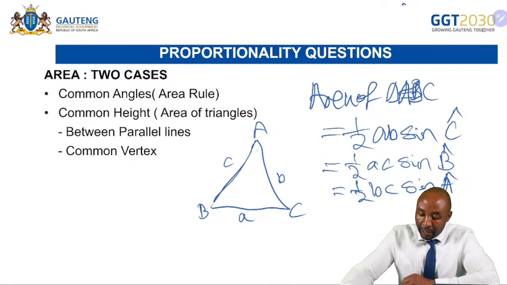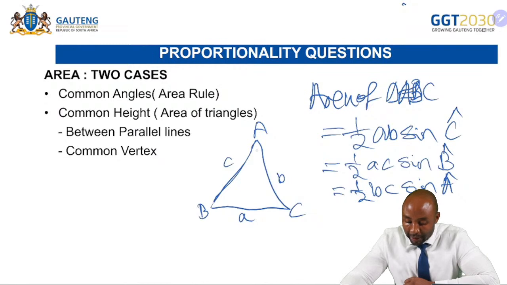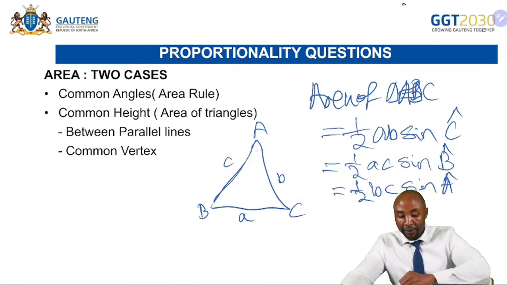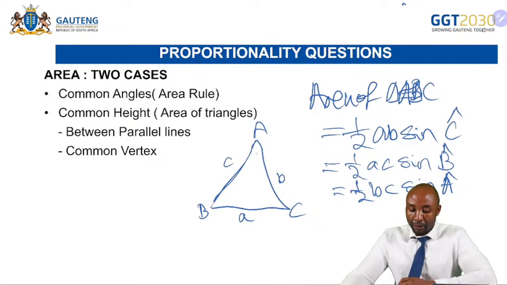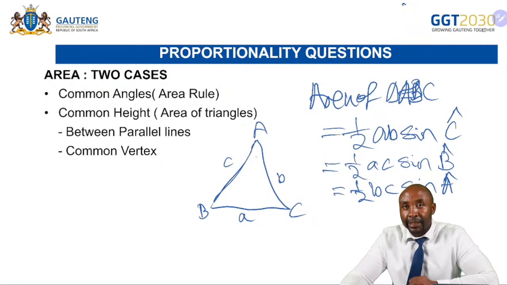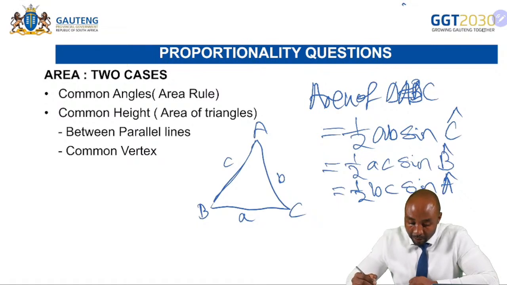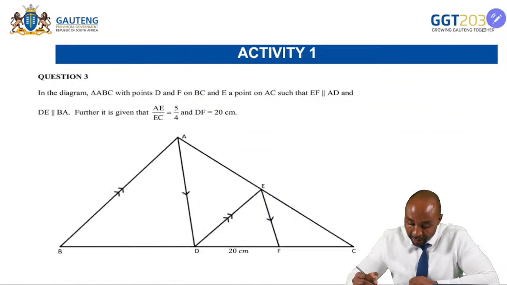Also, we shall be looking at a common height to find the area of triangles. I've explained the common heights in the previous slide, and also between parallel lines, and also when we have a common vertex. That is when you will see that they will cancel each other as you move forward, and you are also going to be able to get the ratios using the sides.